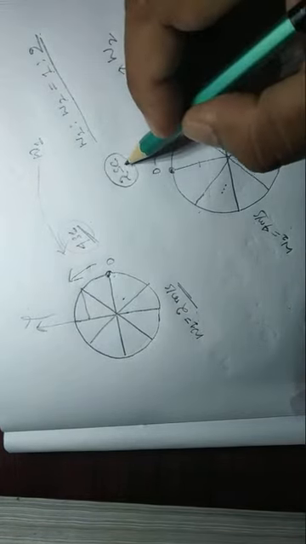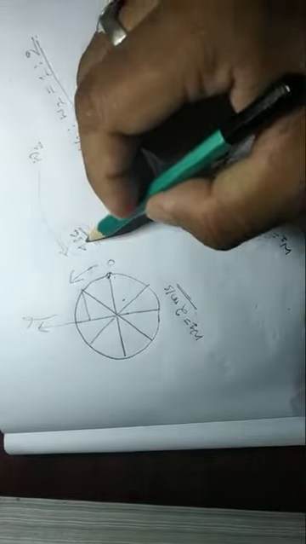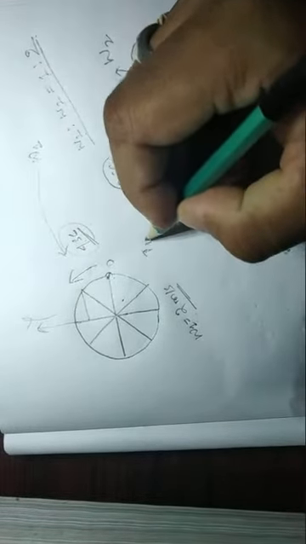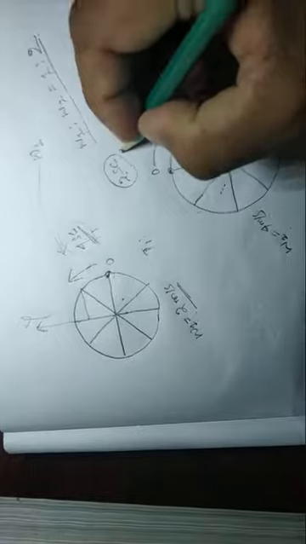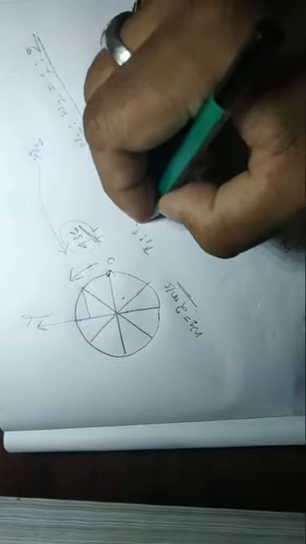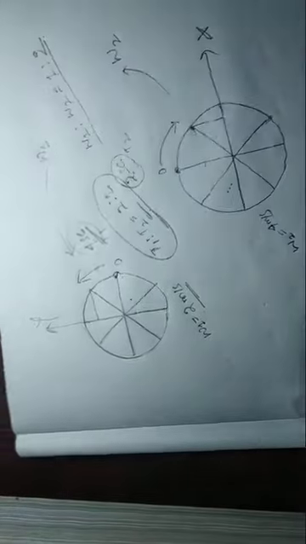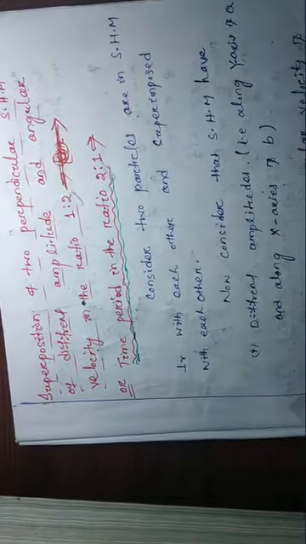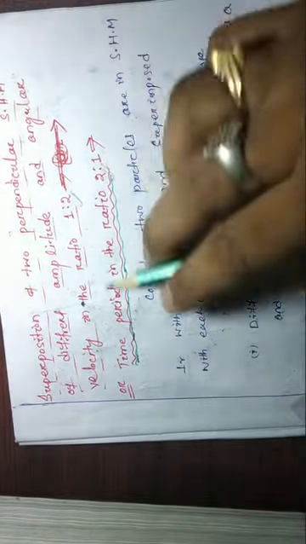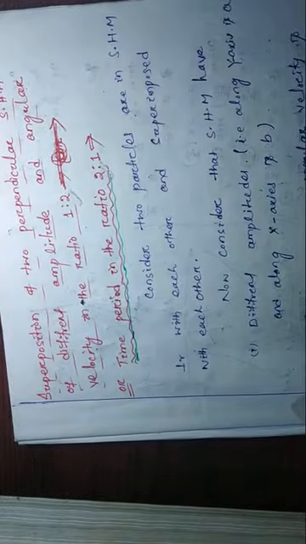So it will be 2 seconds and 4 seconds. That means this is T1 and this is T2, so T1 is to T2 will be 2:1. That is what is written in our heading: time period ratio 2:1 or angular velocity ratio 1:2. Then we have to do the mathematical calculations.